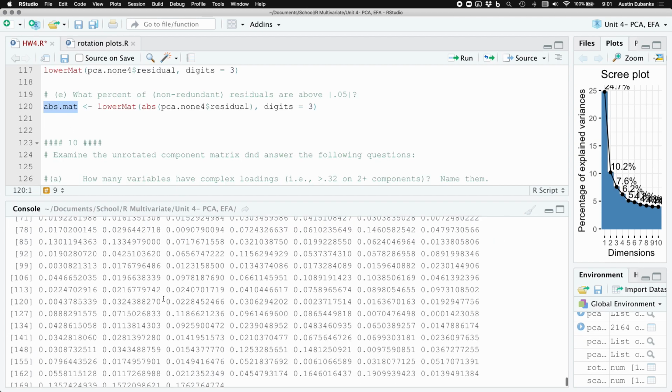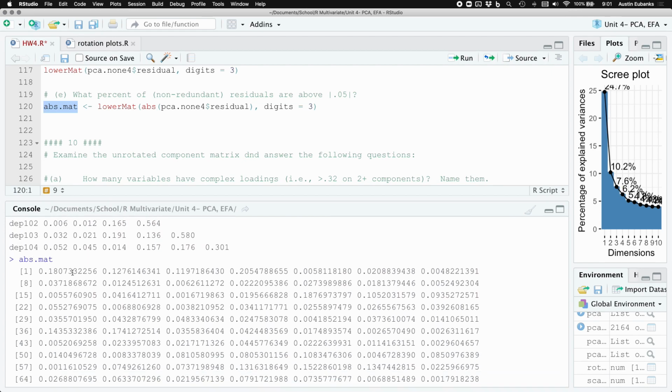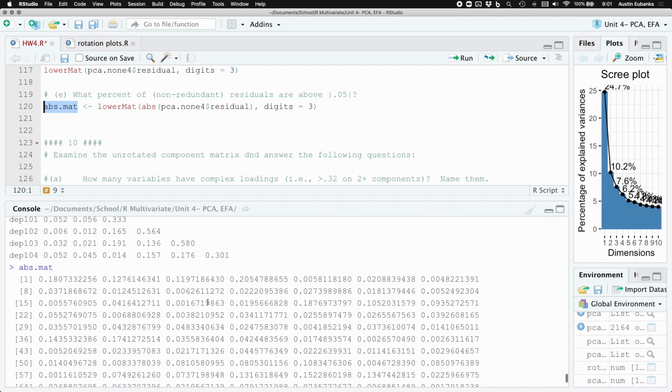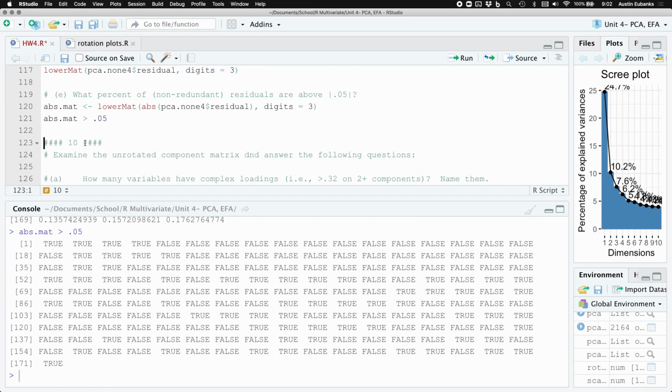And so if we look at that, it gives us just a list of the values, but it took the absolute values of those. Now we want to see how many of these, and what percentage of these, are greater than 0.05. We can make that a logical test. If we just say absmat is greater than 0.05, it'll give us a bunch of TRUEs and FALSEs.